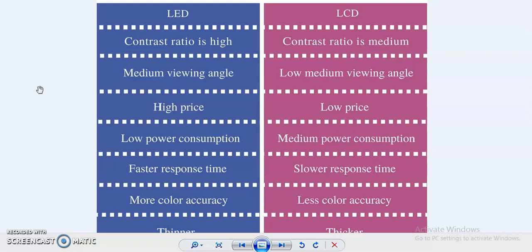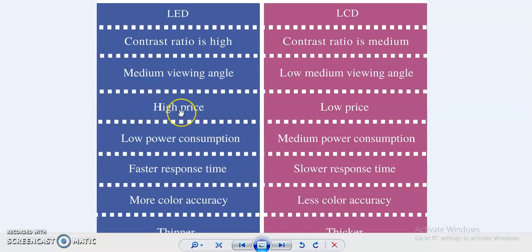There are medium viewing angles for LCD. Viewing angles means you need to sit straight and just in front of the display screen. If you go a little wider than the viewing angle, then you will see distorted images, or you will not be able to see the proper image colors.